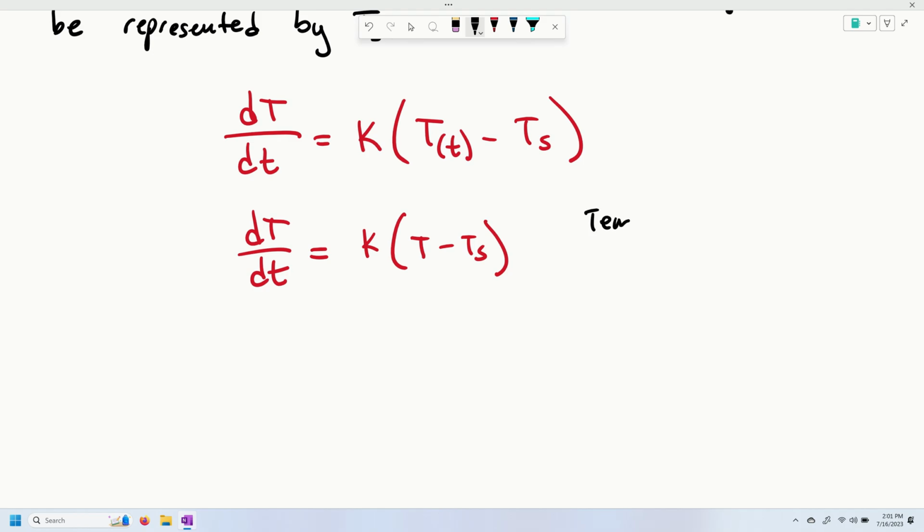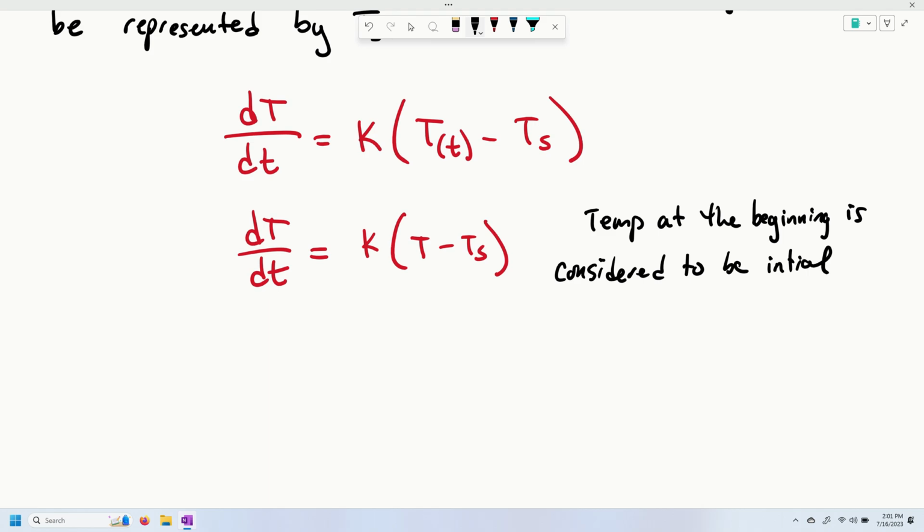So the temperature at the beginning is considered to be the initial temperature at t equals 0.